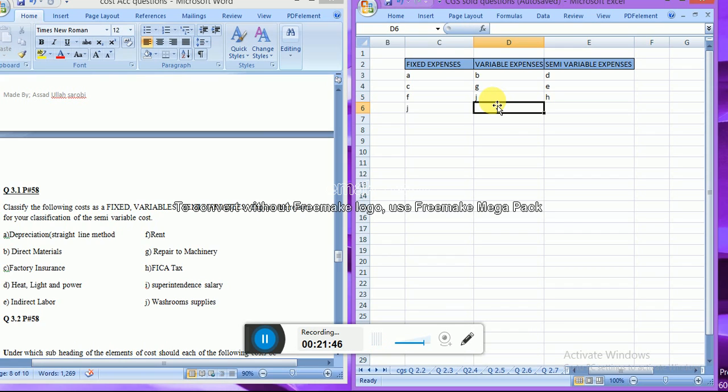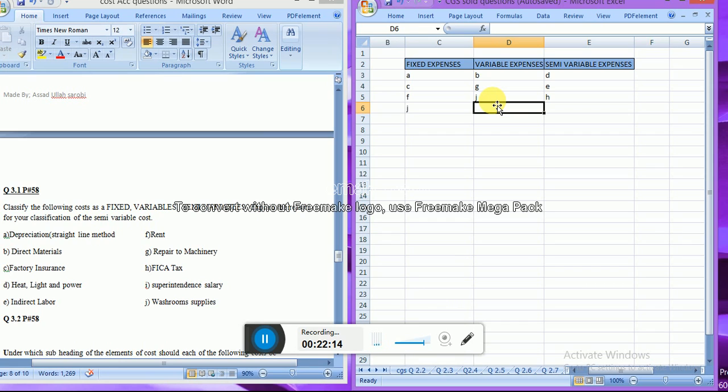So this was your question. It was a very simple question, but I solved it to verify your concept about fixed, variable and semi-variable cost: what are the fixed costs or fixed expenses, what are the variable expenses, and what are the semi-variable expenses.